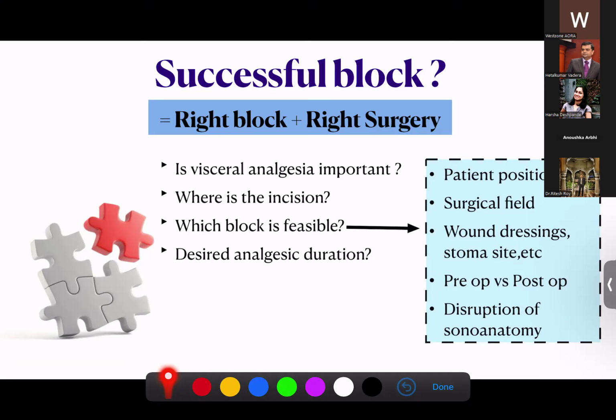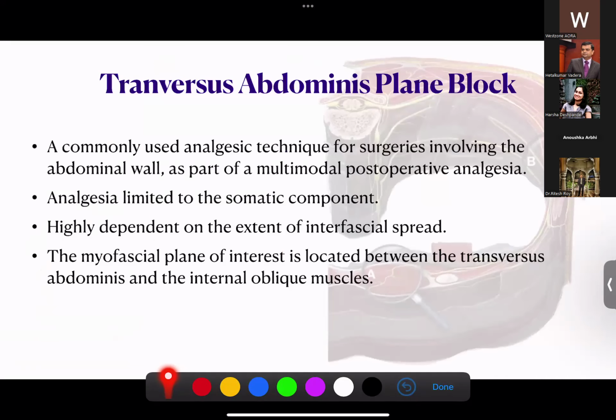If we are putting in catheters, will the catheter come in the plane of dissection? So we have to decide. And if we are planning the block after the surgery, we have to consider that there will be some disruption of the sonoanatomy. We also have to consider the desired analgesic duration.